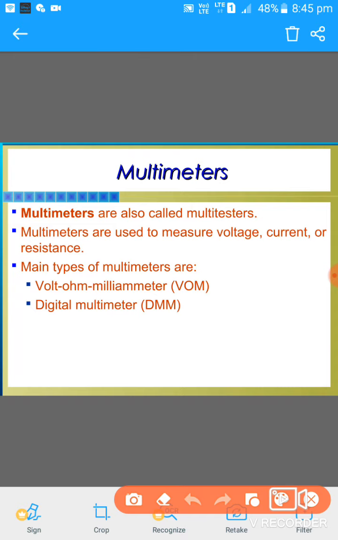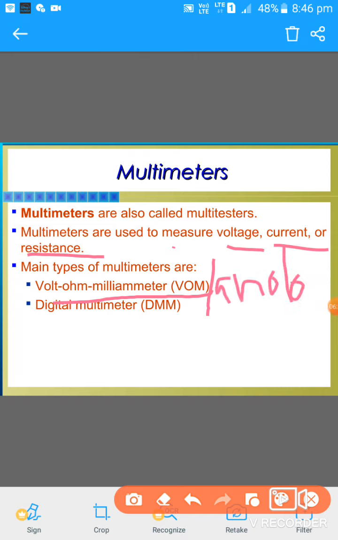There are two types of multimeter. One is the volt ohm milliammeter, which is called the analog multimeter, and the second one is the digital multimeter.